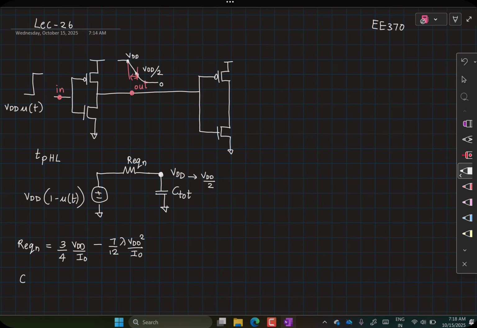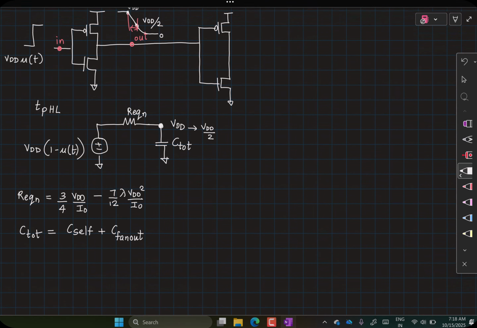The total capacitance C total, we broke this into two parts. There is a self capacitance, which is the capacitance because of this driver inverter itself, and a load capacitance or a fan out capacitance. So the fan out capacitance is being contributed by this inverter, which is acting as a load for our inverter.